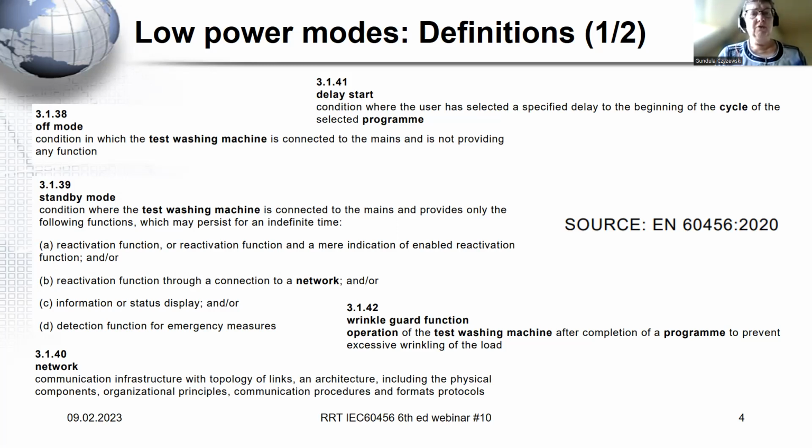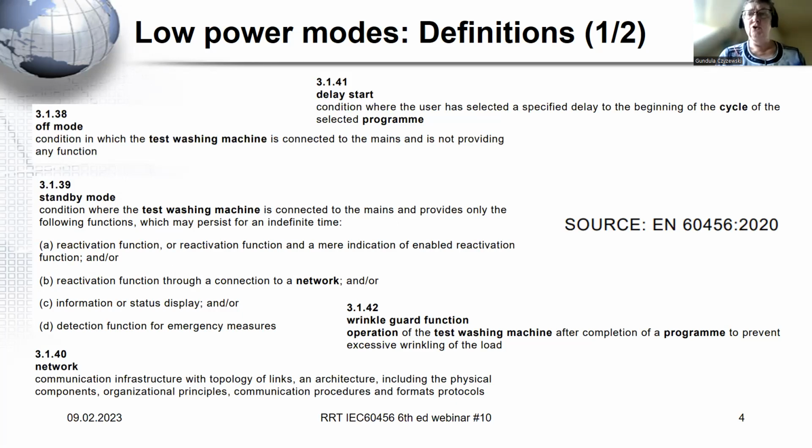You see a definition of standby mode, which is, I would guess, known to others as well, because there's also separate standards that looks into all household appliances and even other equipment. About standby, there was a lot of discussions, and there's a separate standard that you would like to consult on this topic as well. Then for washing machines, delay start is a quite common mode nowadays.